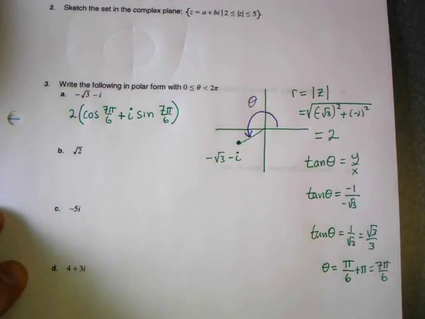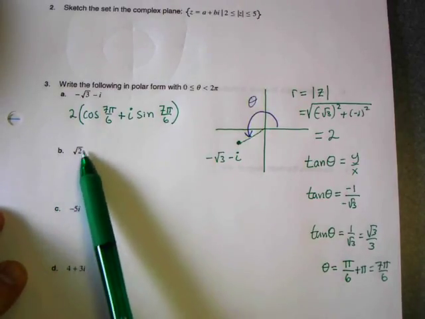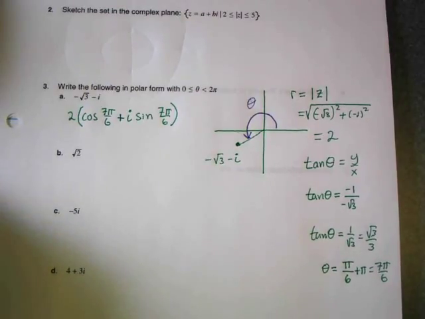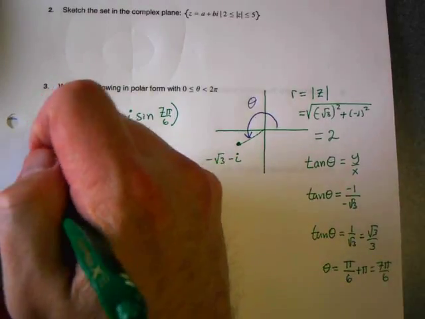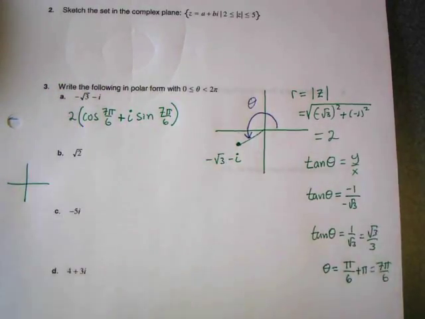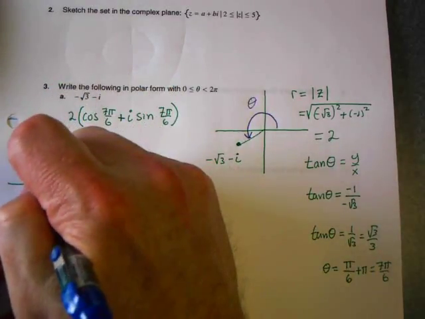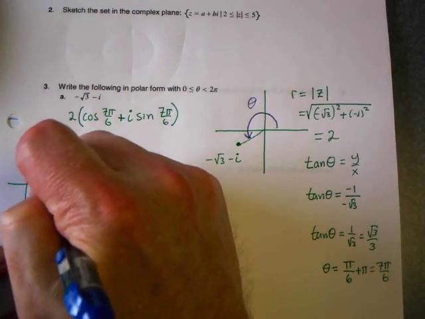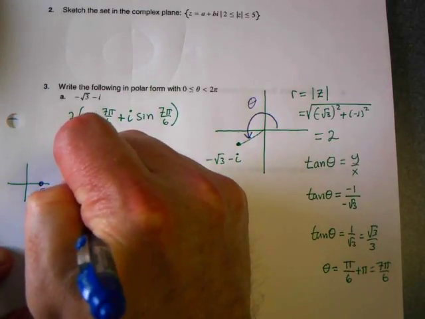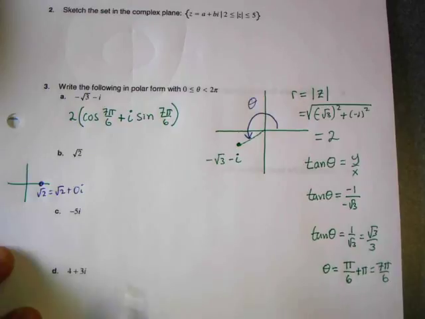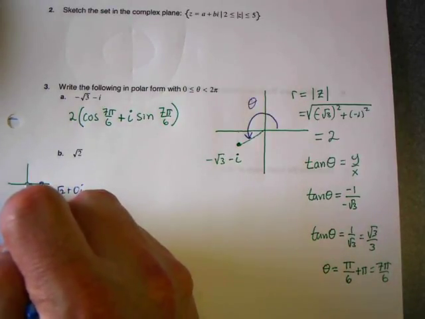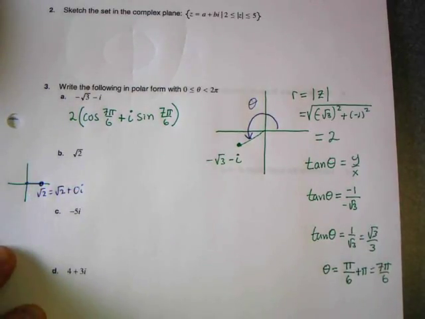Okay, so this next one's a lot easier. If I give you the square root of 2, what's the length of the square root of 2? I'll draw you a picture. Here's the point, square root of 2. Remember, it's square root of 2 plus 0i. How far is it from the origin to the square root of 2?